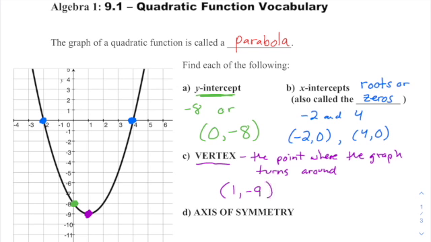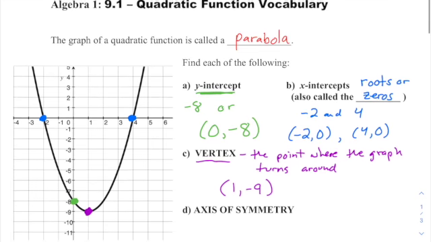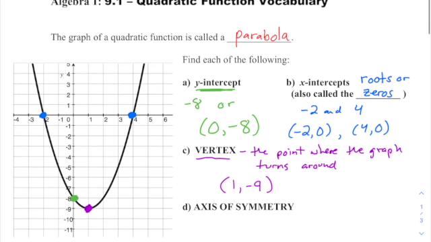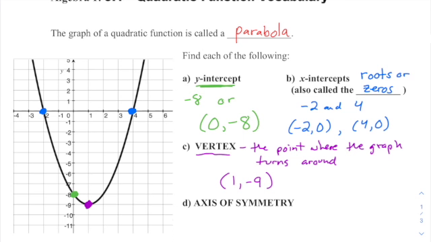Okay, and the last new piece of vocabulary, last new term of this chapter is the axis of symmetry. Now, the axis of symmetry is the line, a vertical line, that passes through the vertex and splits the graph down the middle. So this vertex was at (1, -9).